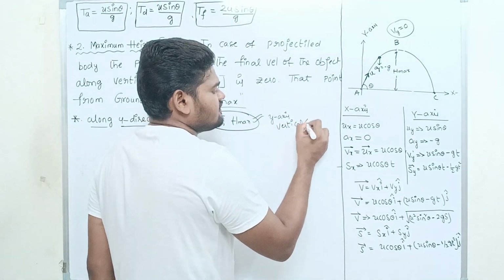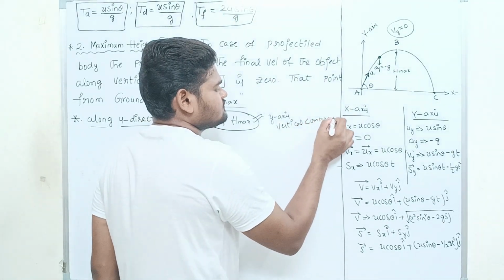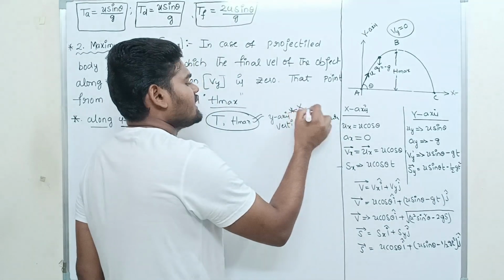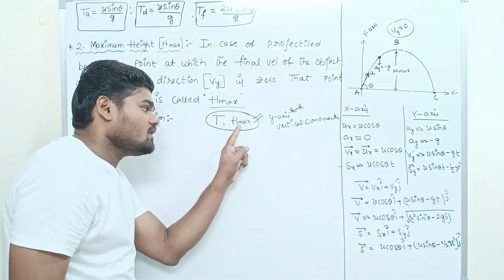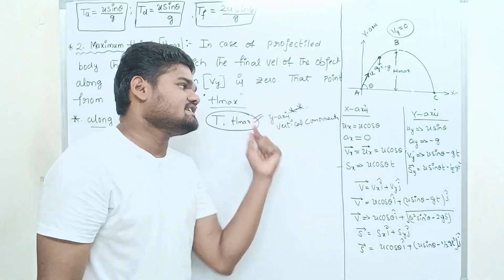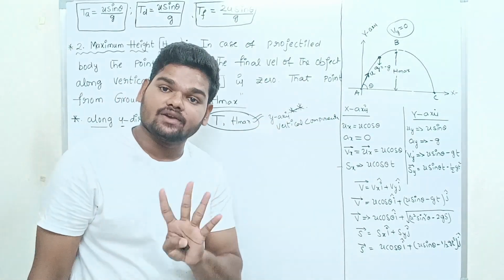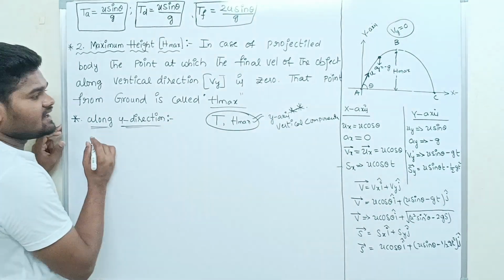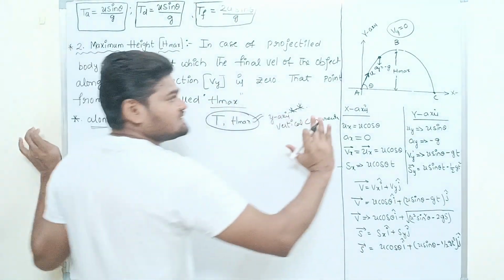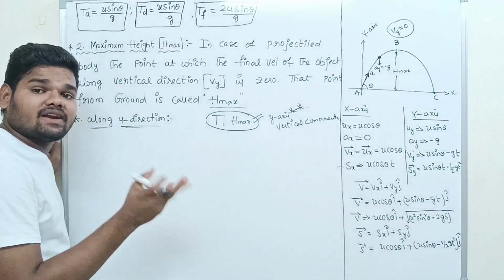So along the y direction, maximum height means the displacement of the object.